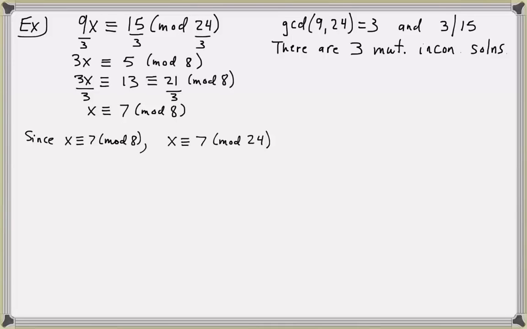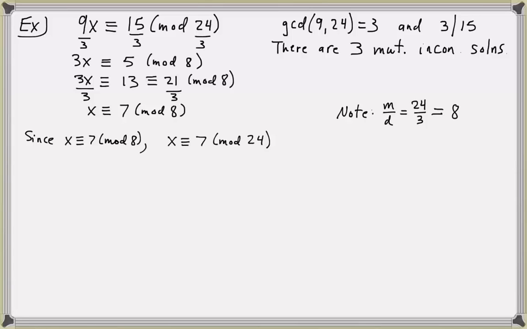So this is one of our solutions, and so we're going to add multiples of m over d, the modulus divided by the greatest common divisor. Okay, so note m over d for this example is 24 divided by 3, which is 8.